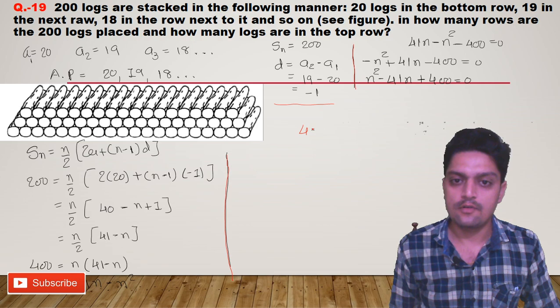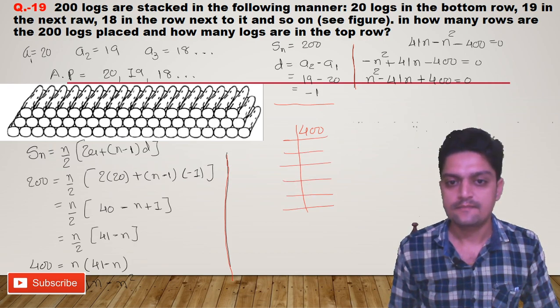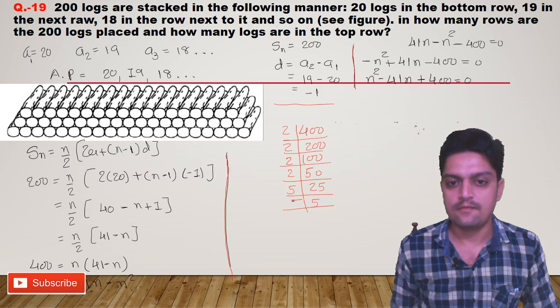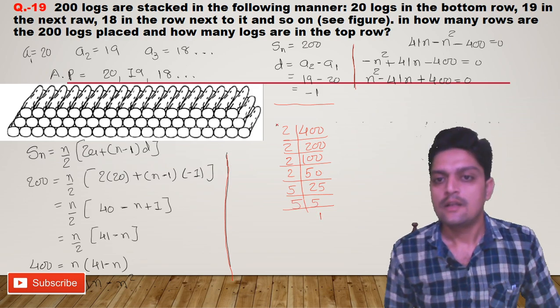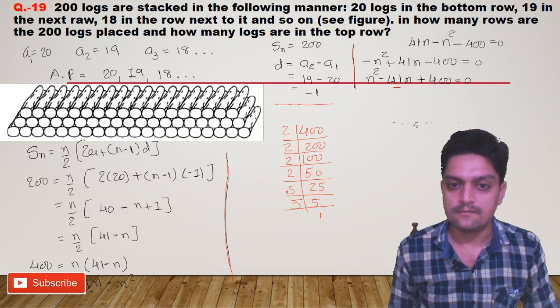Now I have to factorize this 400. So I will write like this: 2, so 200 will come, again 2, so 100, again 2, so 50, again 2, 25, then 5 and 5, so 1. And we want 41.